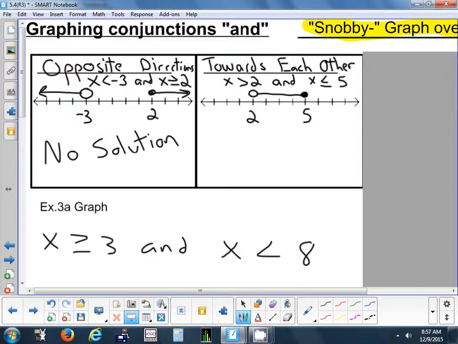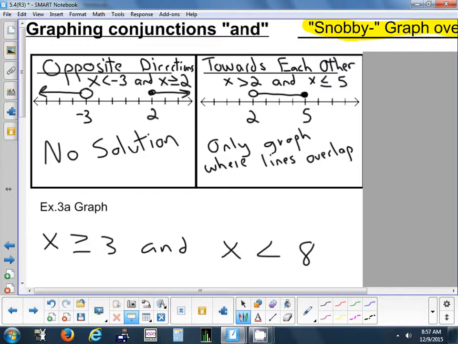Remember, I'm snobby. I only want to graph certain things. It's like connecting the dots. I'm only going to graph where the lines overlap, because the numbers here are my only solutions.